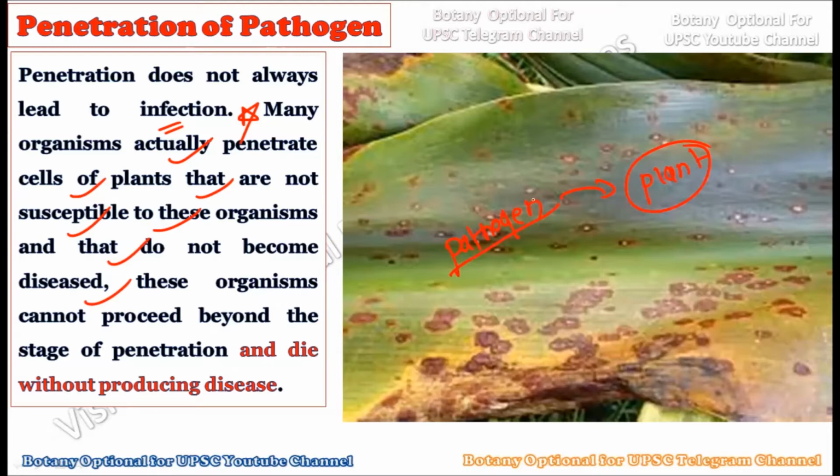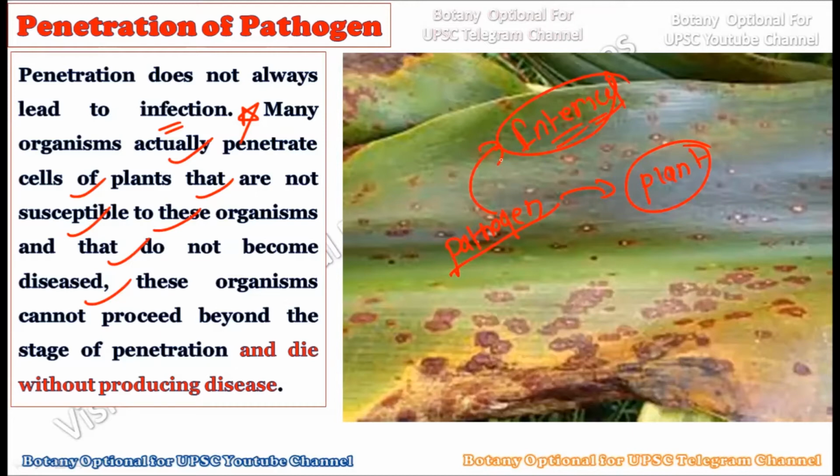So the entering or internal presence of the pathogen within the plant body does not signify that it is going to cause any infection or disease. It will depend on the host range. Once inside, it can also be decided whether it is in the host range or not, and there too the infection can get stopped.